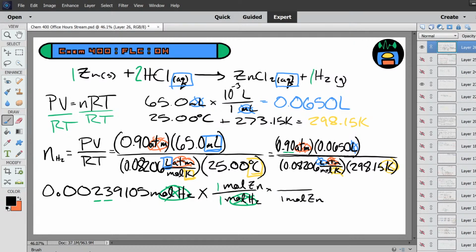And here we just look straight up at the periodic table. So zinc has an atomic mass of 65.41 grams in 1 mole. Moles cancel. And now we crunch our numbers.